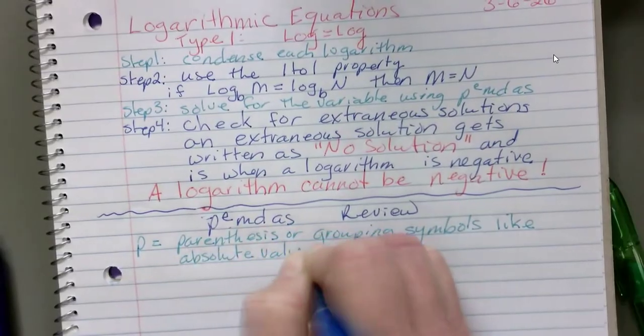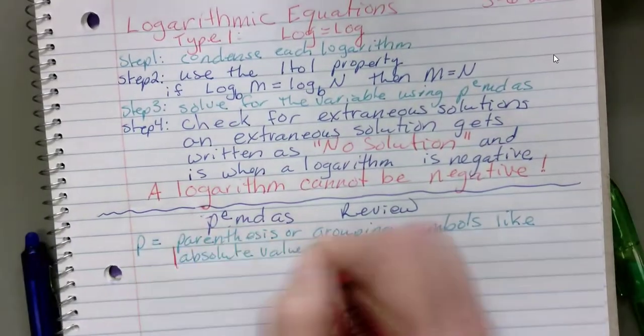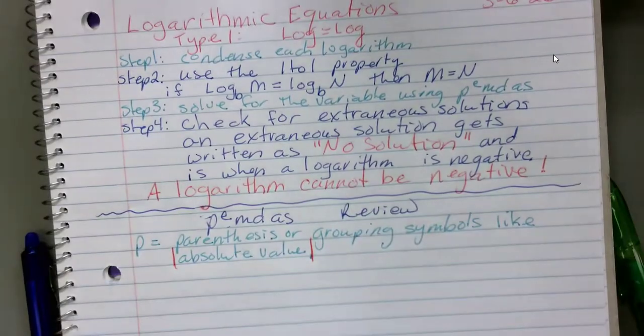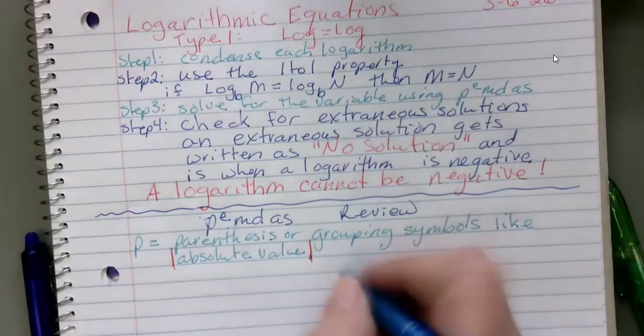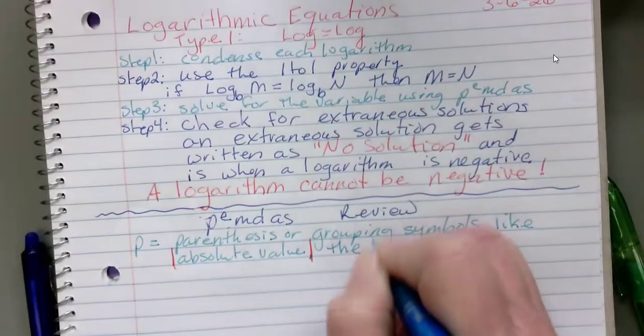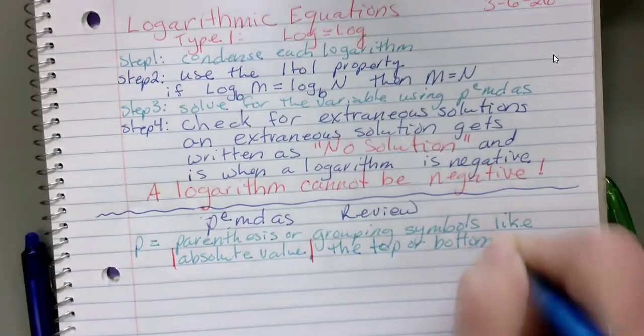And since I am a visual learner, I'm going to take my red pen again and give me big absolute value signs on that. Because absolute value are those long sides that are straight that mean whatever's inside has to come out as a positive number, because it's doing distance from 0. Or the top or bottom of a fraction are also grouped together.